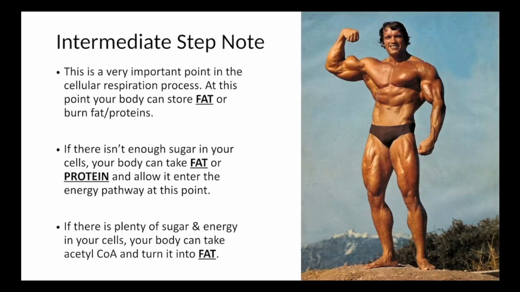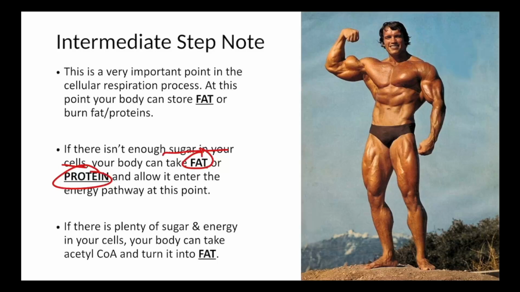And something interesting about this step is that if you deprive a cell of sugar, or if there's not enough sugar, then your body can take fat or protein and actually shove it into this pathway at this point, and then use that to go through cellular respiration. People who go on those no-carb, low-carb diets, well, their body's got to get that energy from somewhere.